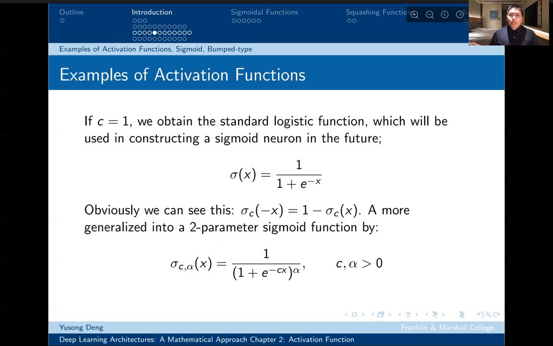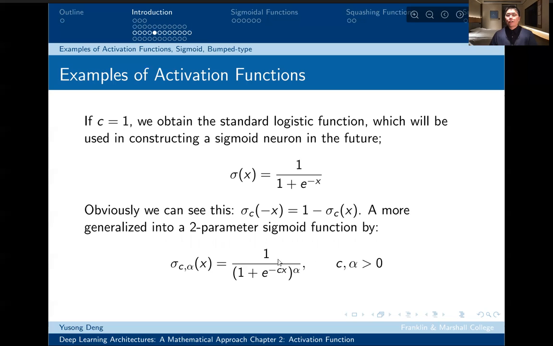And obviously, we can see that sigma of minus x equals 1 minus sigma x. And we can generalize it into a two parameter sigmoid function by just adding another alpha to it.